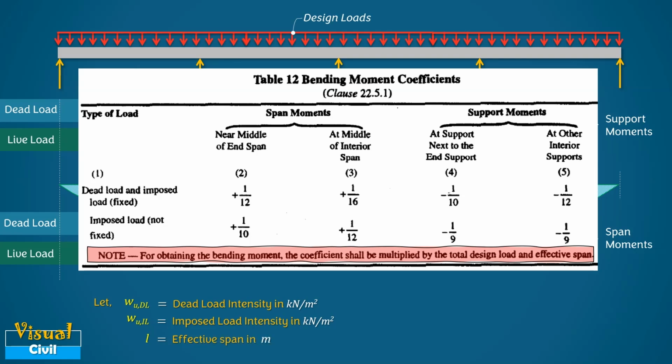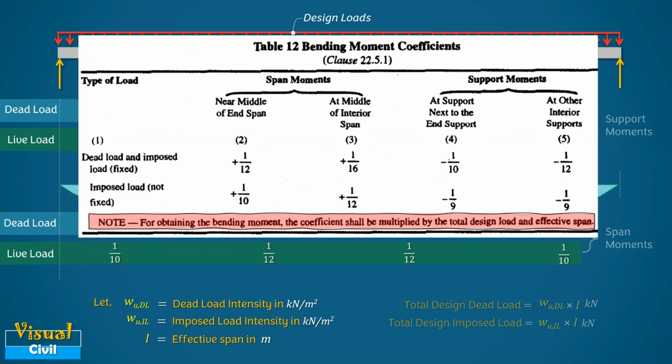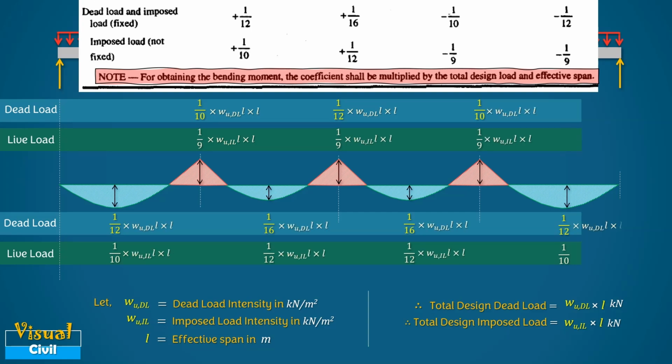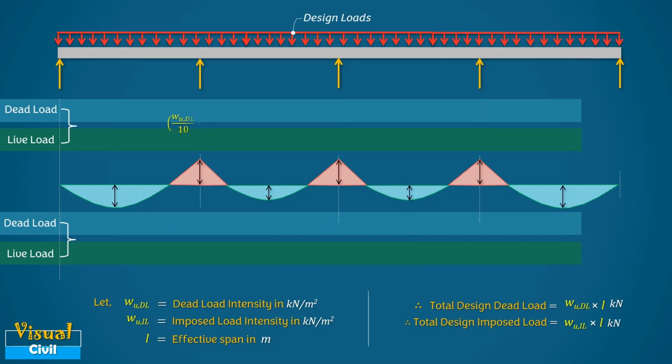Therefore, total design dead load and imposed load are WDL times L and WIL times L respectively. Now, let us multiply these coefficients with total design load and effective span. After simplifying, we get the expressions for the span moments and support moments as shown here.